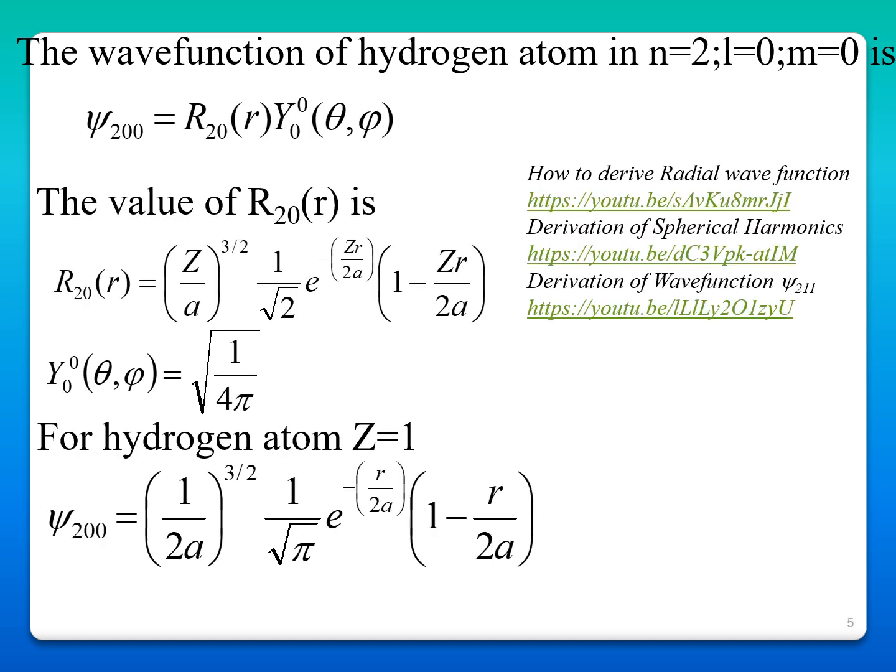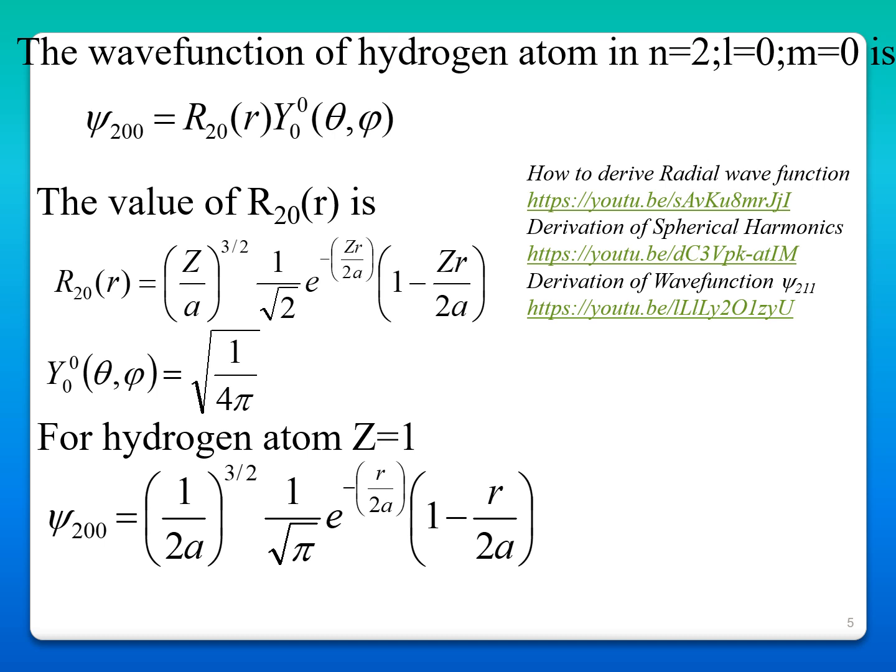Next, you have to calculate psi 200. Similar to the previous case, you have to find R20 of r and Y00 of theta and phi. Y00 is square root of 1 by 4 pi, and R20 of r is (Z by a) whole power 3 by 2, 1 by square root of 2, e power minus Zr by 2a into (1 minus Zr by 2a).